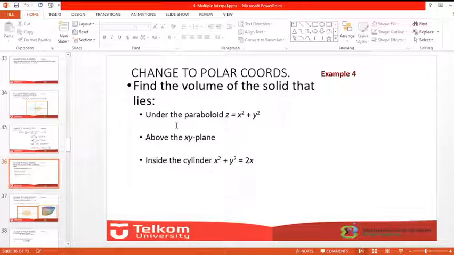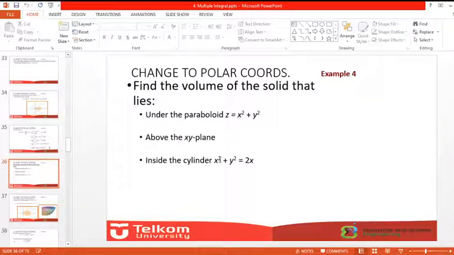But the problem is how to determine the boundary. The boundary should be this one. The boundary is from 0 until 2x. 2x means 2 r cos theta. I'm sorry, x means r cos theta.